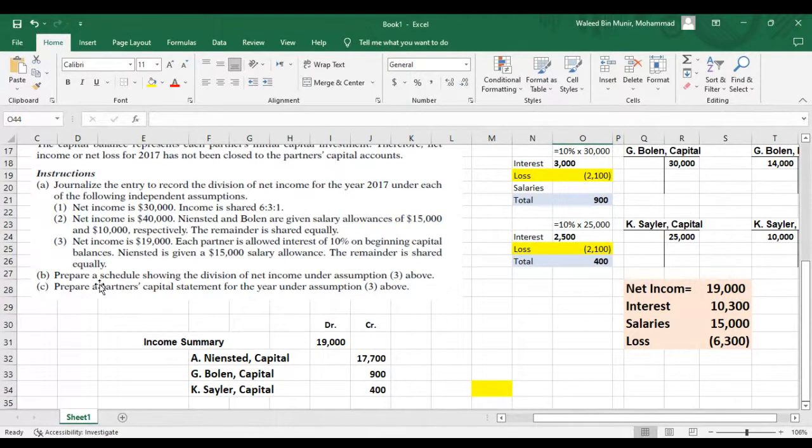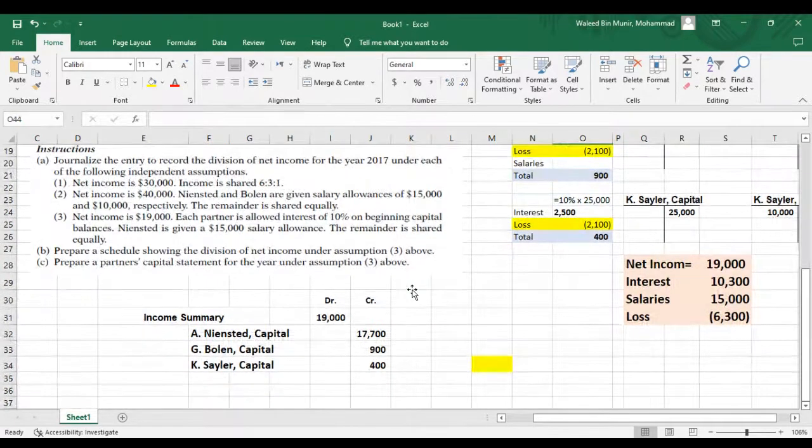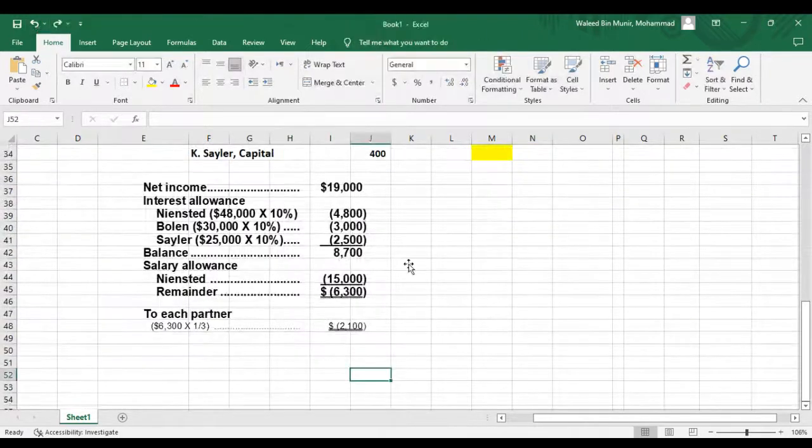So part B says prepare a schedule showing the division of net income under these assumptions. So this is what we have done now. This was basically a schedule, part B.